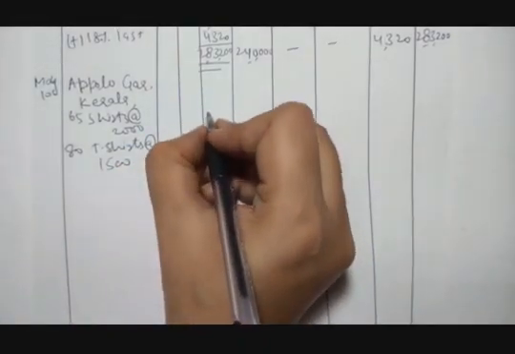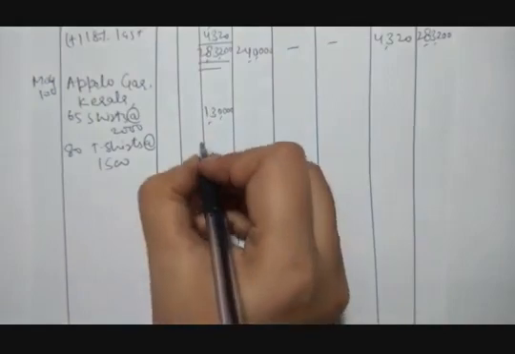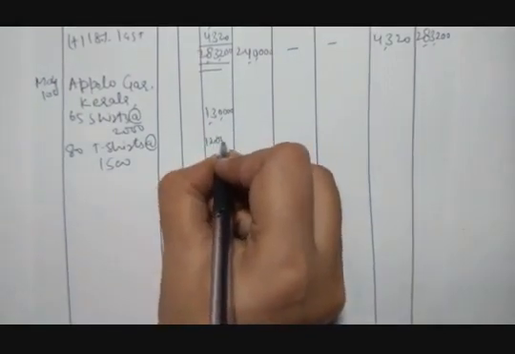So first of all, let's see, 65 shirts at the rate of 2,000 each and 80 t-shirts at the rate of 1,500 each. Fine. So here it will be 1,30,000 and here it will be 1,20,000.